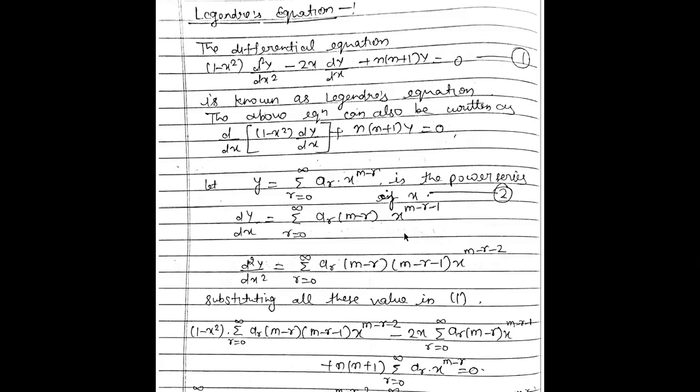And when you put a0, a1, a2, a3, a4, a5 in your final solution, that means this solution y is equal to summation of x to the power m plus r, when you expand this and put all these values here, then you will get your next step.